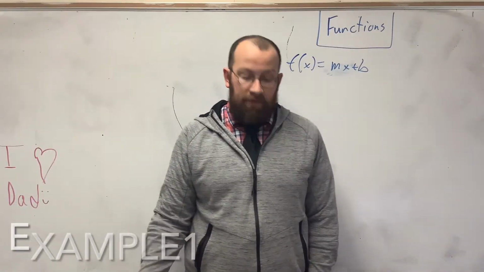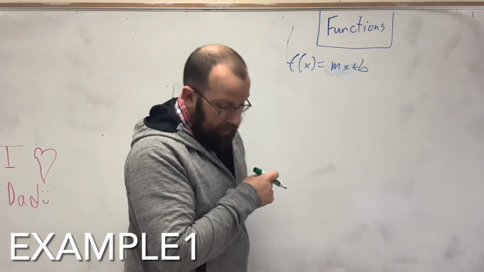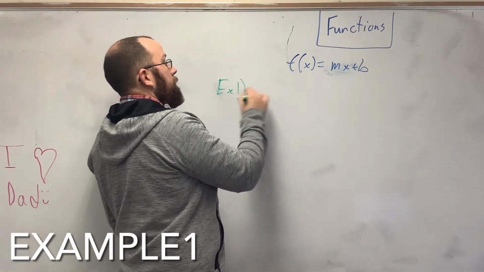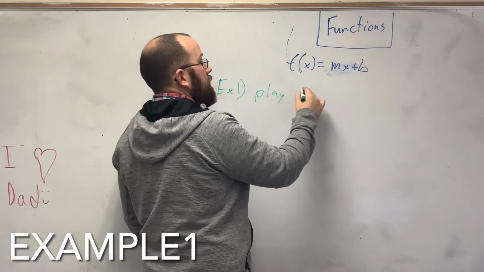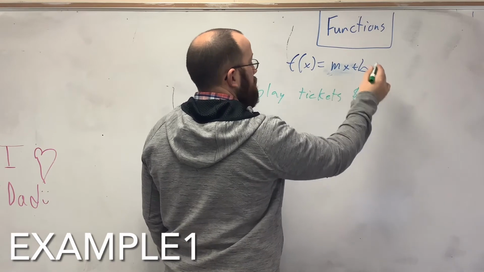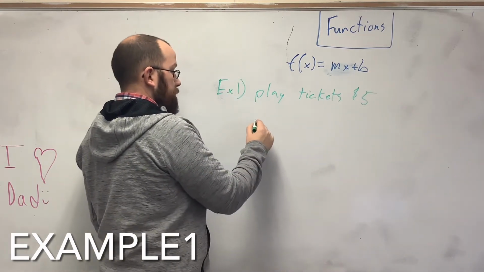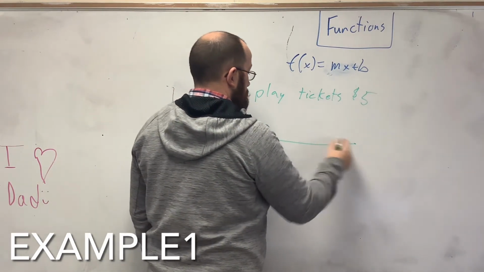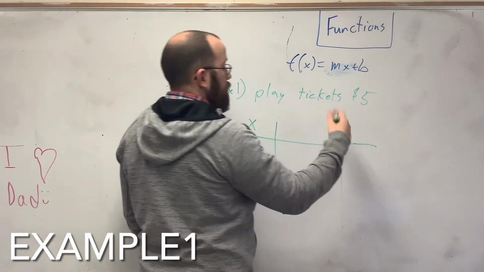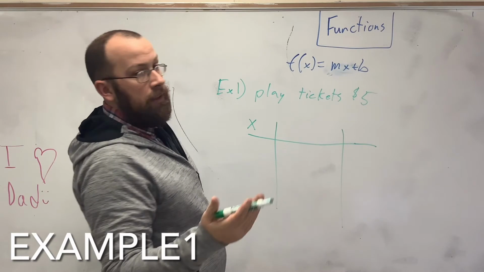All right, now we're going to evaluate some functions. So let's say a school play sells tickets for $5 a piece. So what is the total cost? Whatever you want to say.